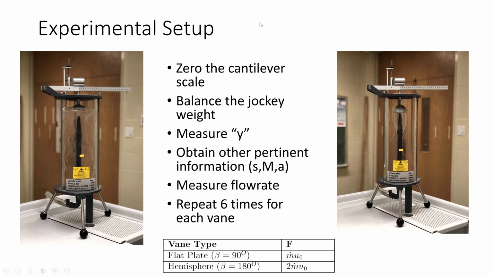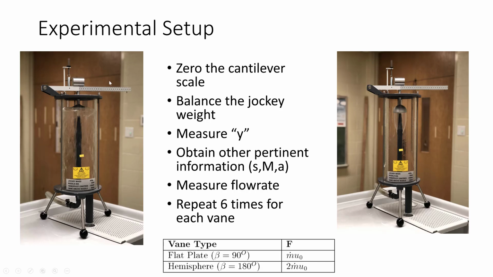So what we do is we start off our experiment, we zero the cantilever scale to make sure that it's parallel to the ground surface. And then we turn on the flow. The flow causes the jet to impinge water on this vane, which causes this plate to move.